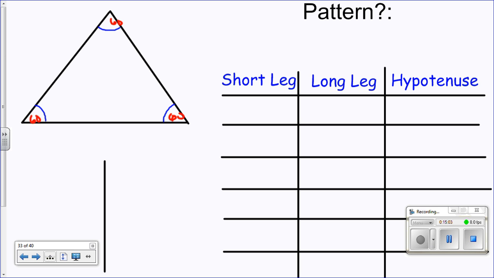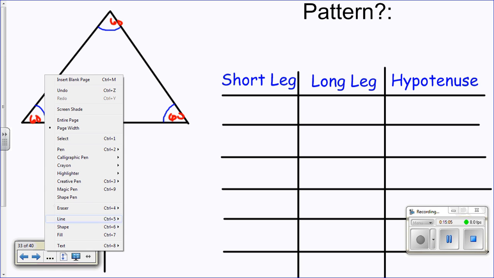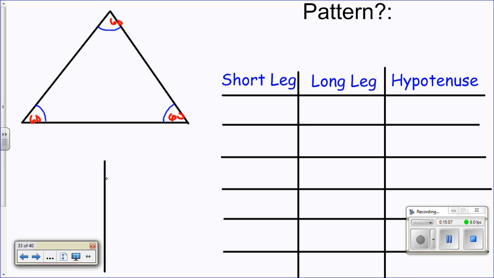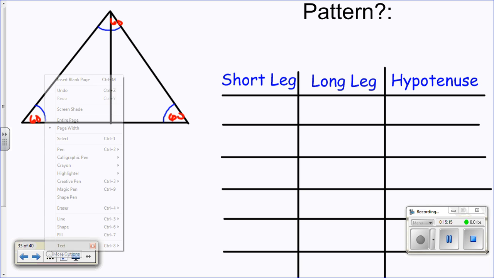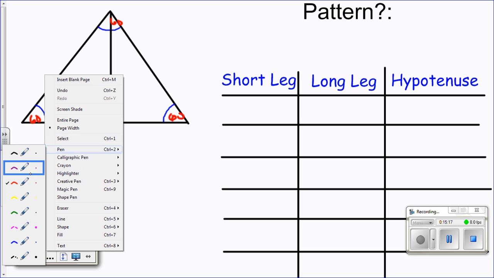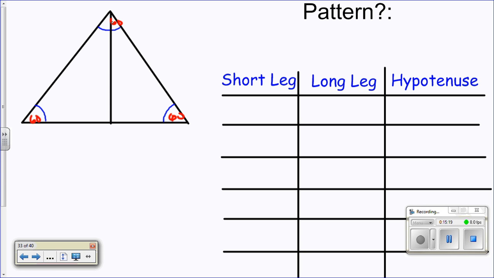And when I draw the diagonal, which is this line here, it splits that top angle into 30 and 30. So it becomes a 30, 60, 90 triangle. This is your second special right triangle.